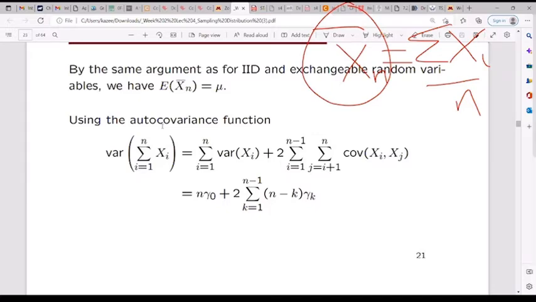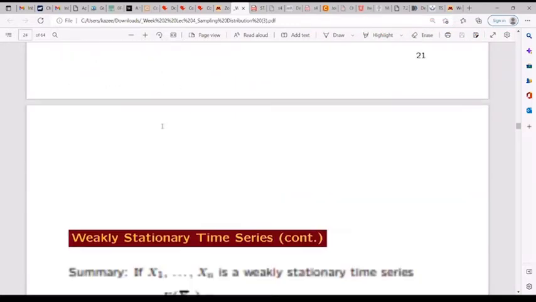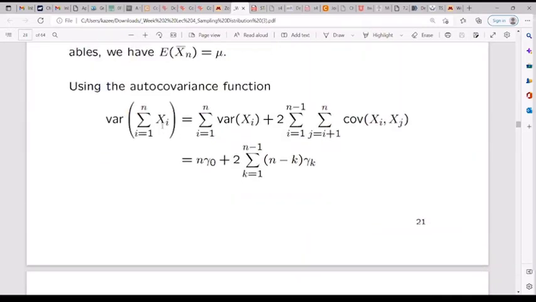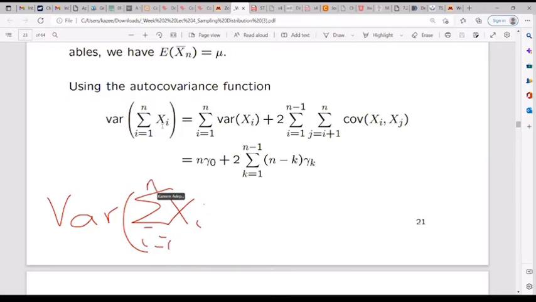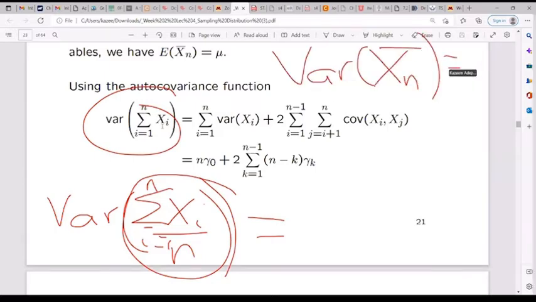But what I just got is only the variance of the sum. If I want to extend that to the mean, I'm just going to come here and write the variance of the summation of xi, from 1 to n, divided by n. This is different from the variance of the sum. Don't forget, what we are actually looking for is the variance of that.